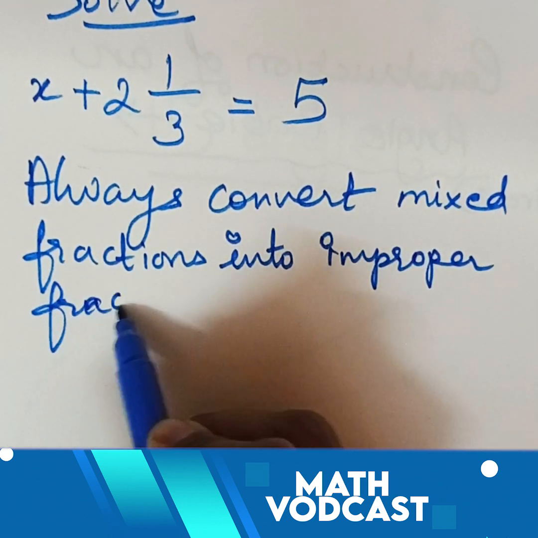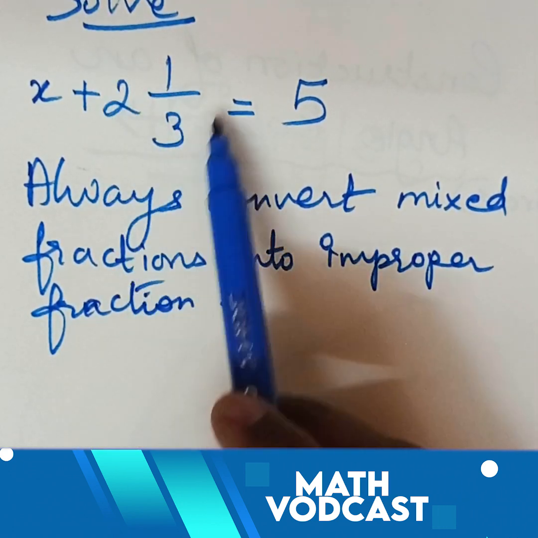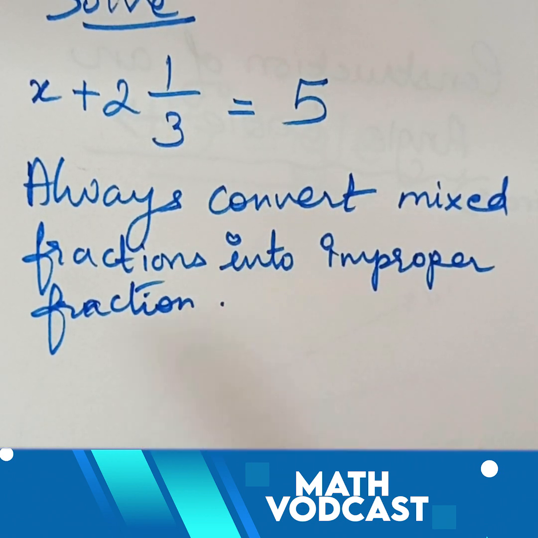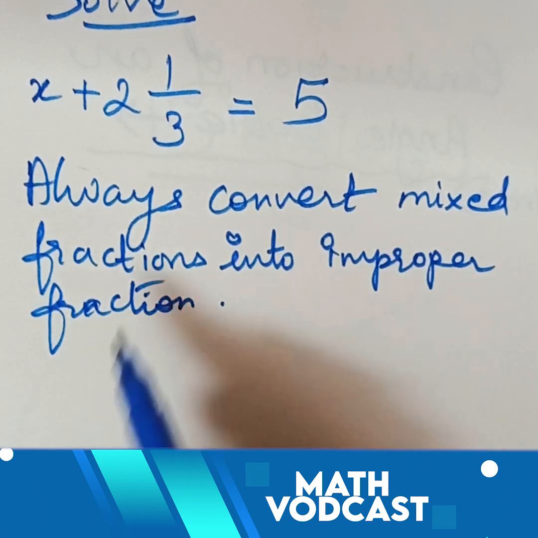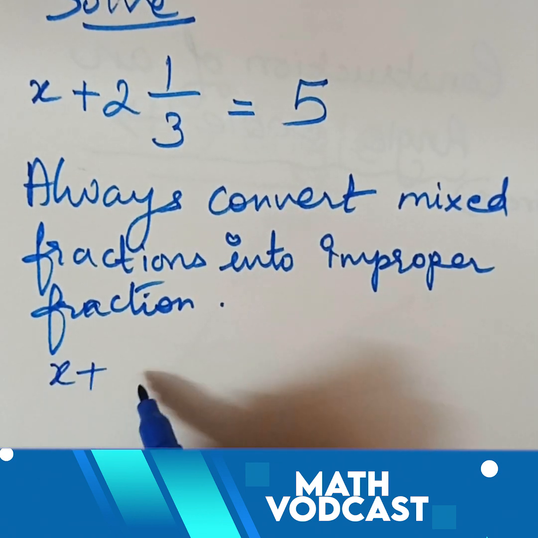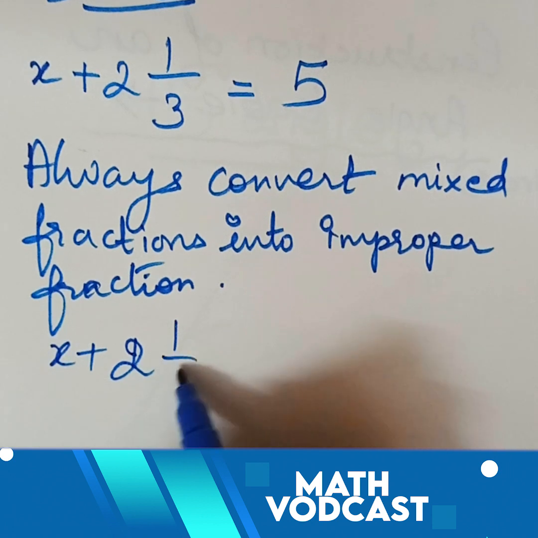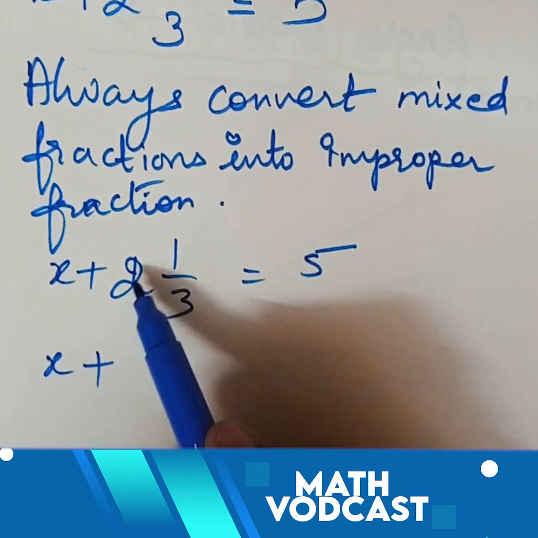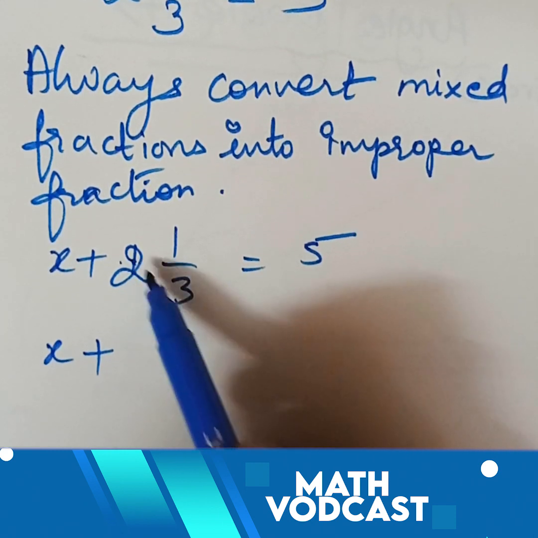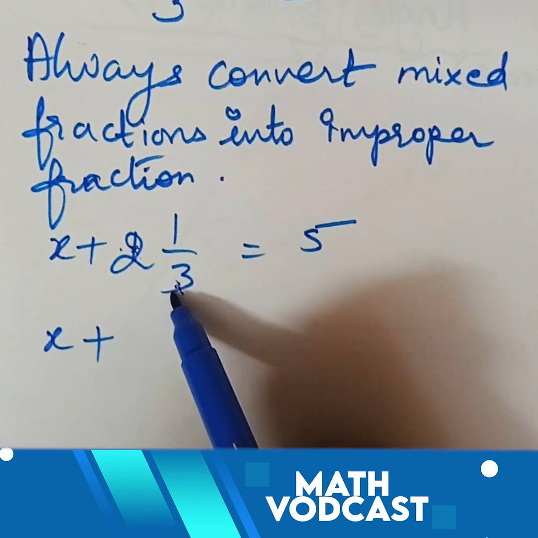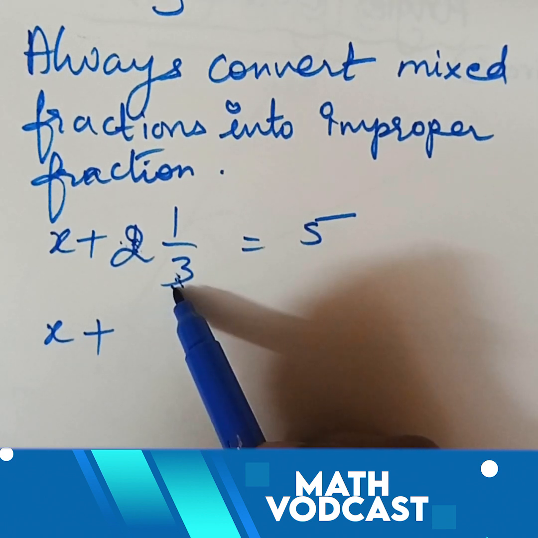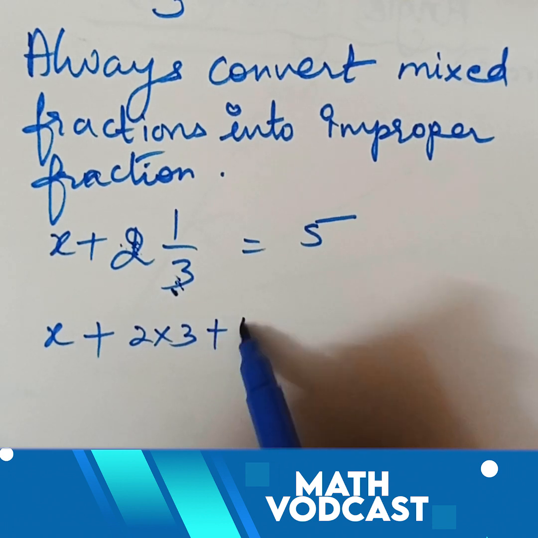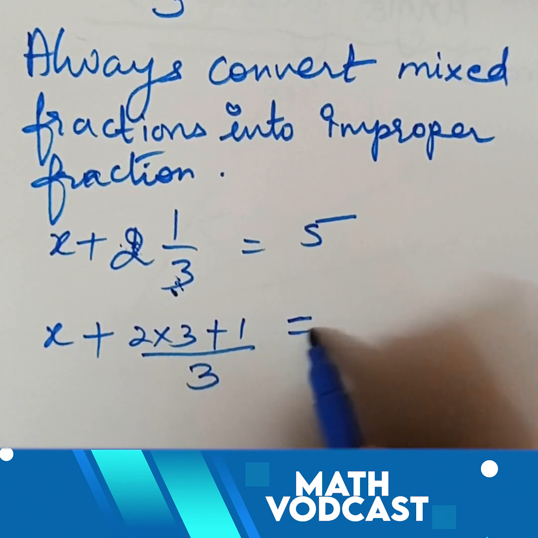Alright students, now please watch my earlier video. I have already shown you how to convert a mixed fraction into an improper fraction. Now I'll rewrite the question: x plus 2 1/3 is equal to 5. Generally, whenever we convert, we multiply these two digits, 2 and 3, together: 2 into 3 plus 1, divided by 3, is equal to 5.